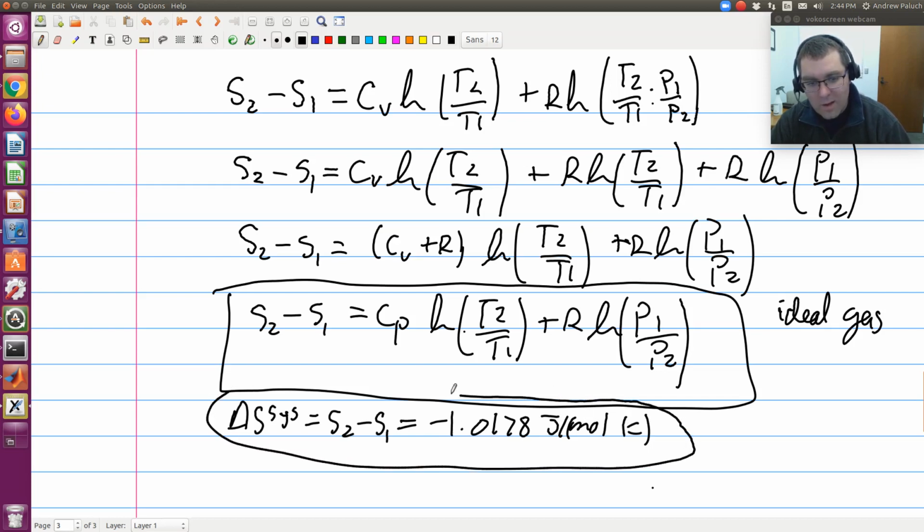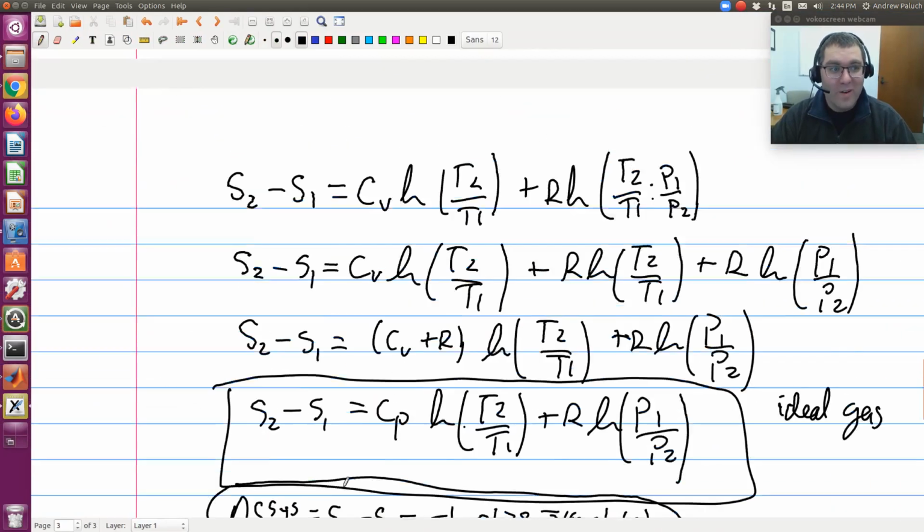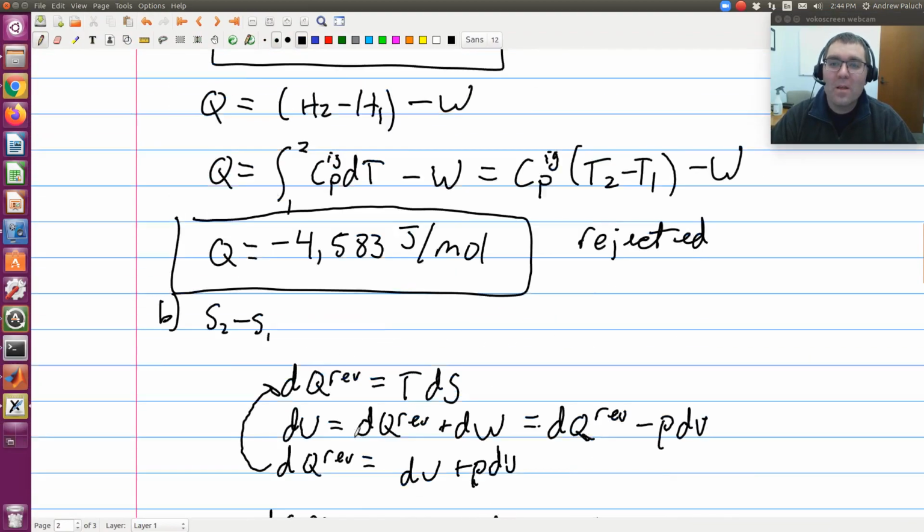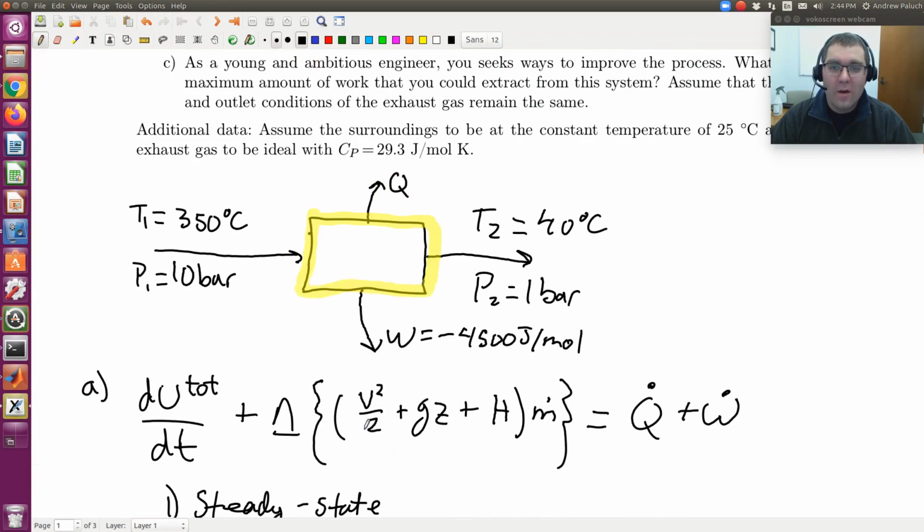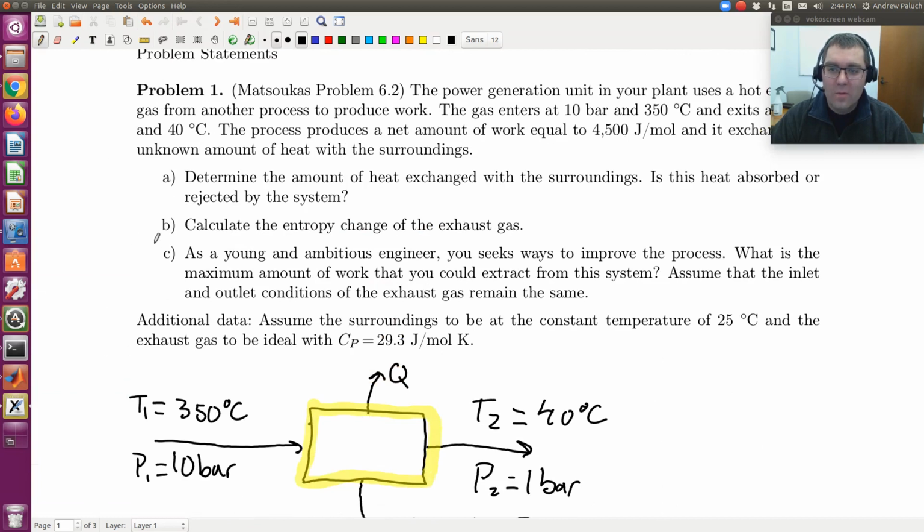All right, I've got delta S of my system. We are cruising along. Now part C. As a young engineer, you seek ways to improve the process. What is the maximum amount of work that you could extract from this system?